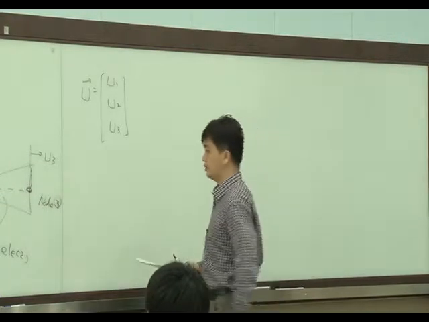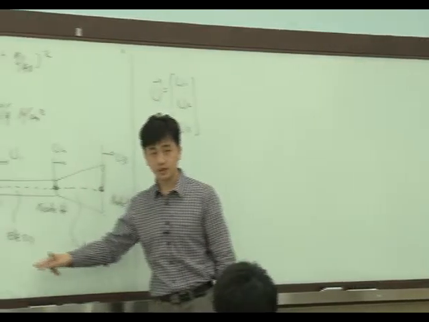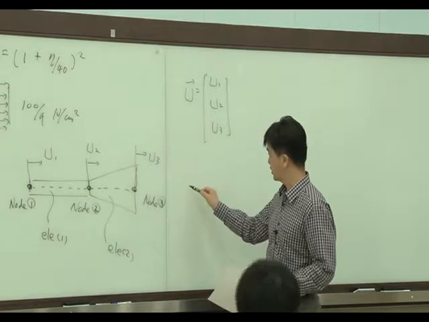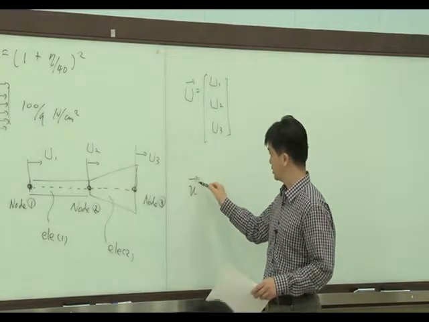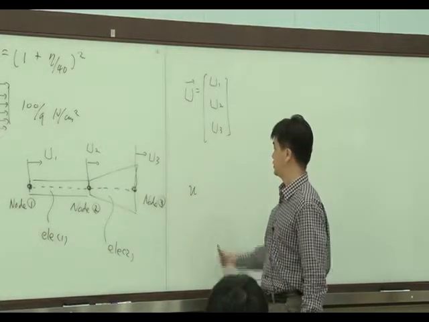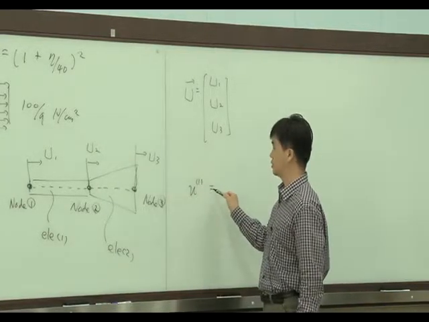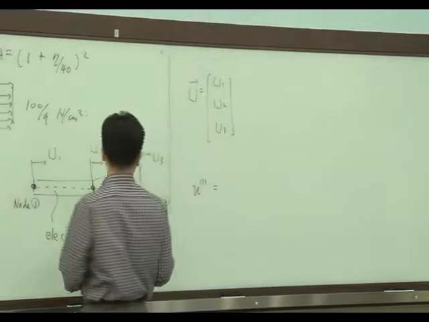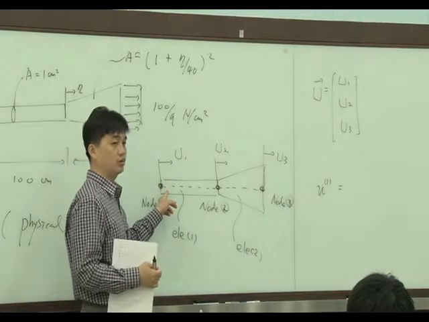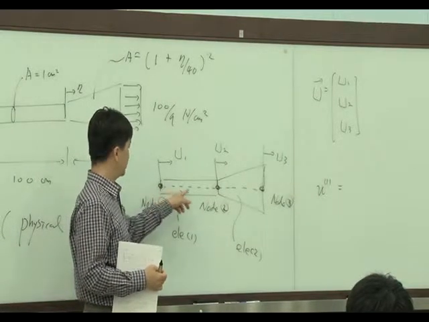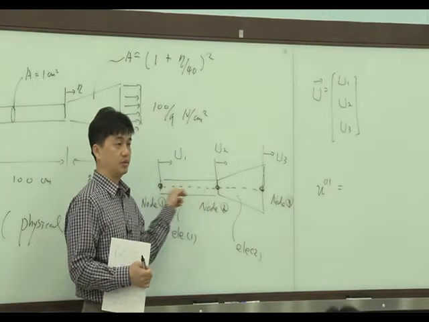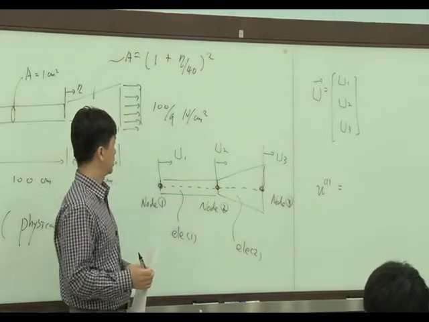Okay, now let's consider element 1. Let's say element 1 has a displacement. The small u can represent all the displacement in the element.